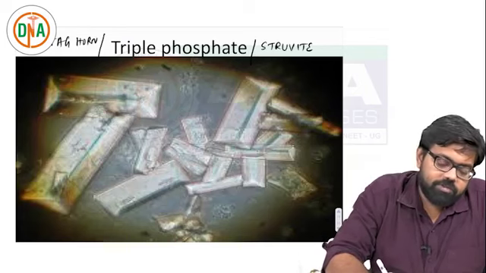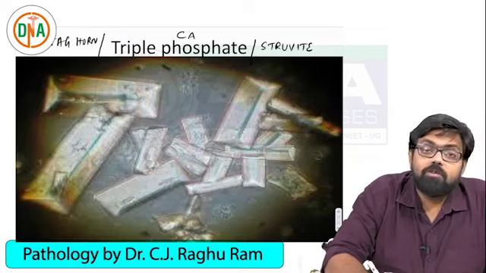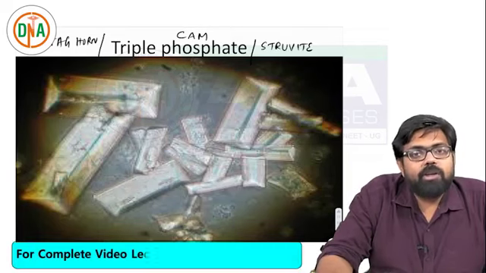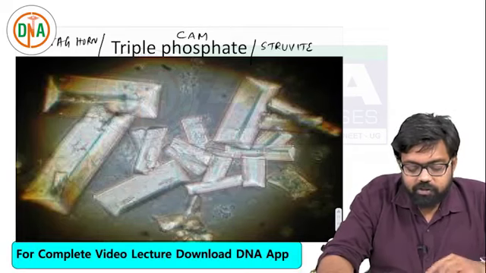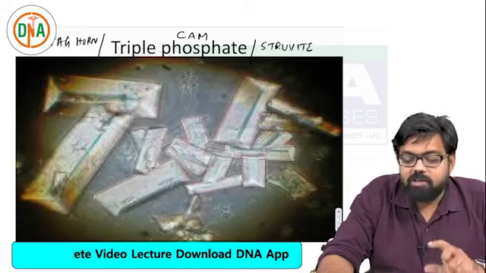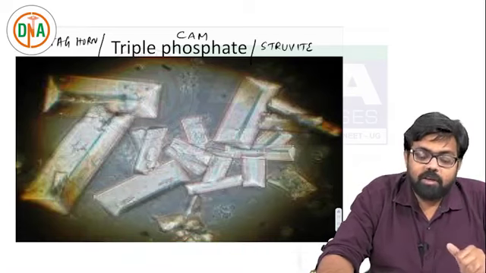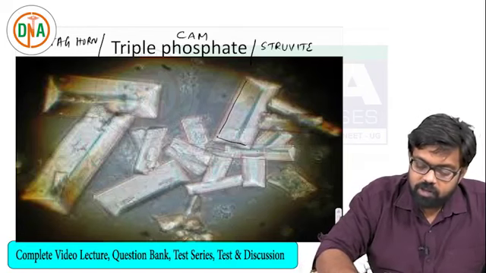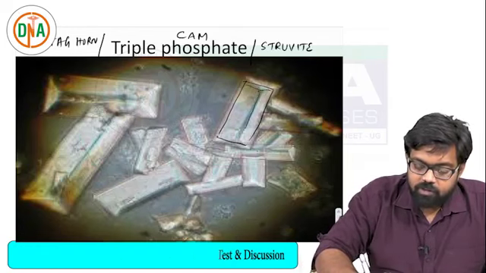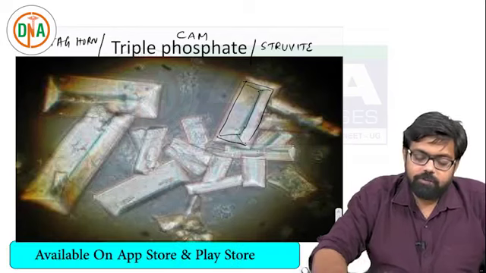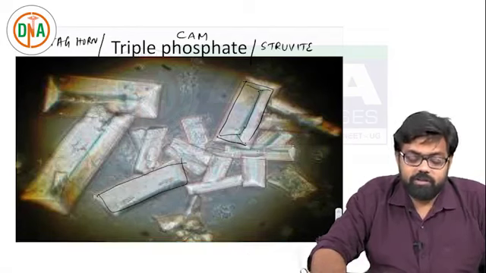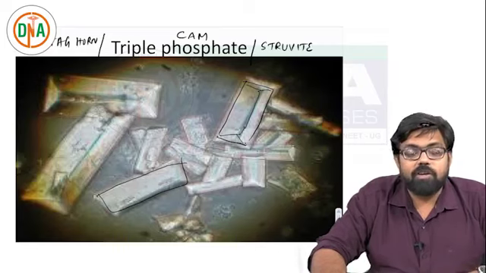The three phosphates present in this triple phosphate are easy to remember as CAM: calcium, ammonium, magnesium phosphate. If you observe the image we focused on, the crystals have a coffin lid or coffin box appearance. So this is all about triple phosphate, or struvite stone, or staghorn stone, which have a coffin lid appearance of the crystals.